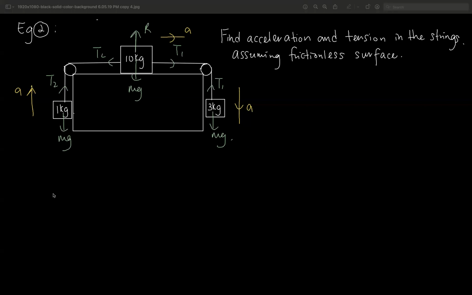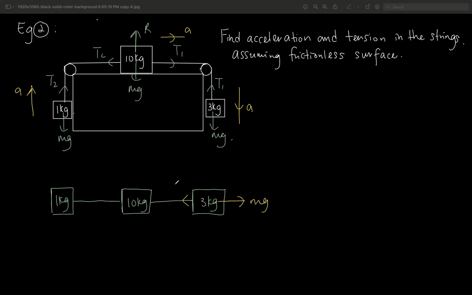Now, imagine I stretch out. So we have 10 kilogram, 3 kg. I stretch out, and the forces, the mg, become here. This is T1, T1, R, mg, T2, T2, and then we have this one, mg over here.